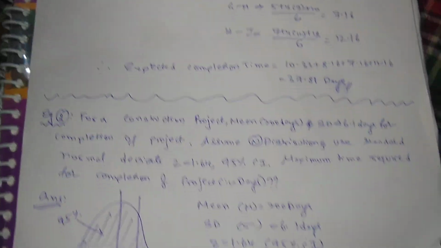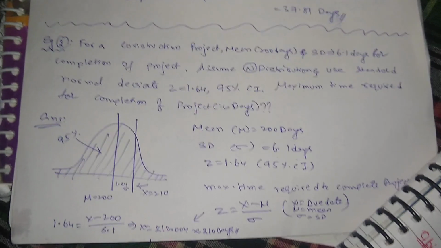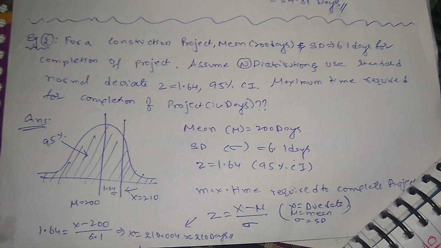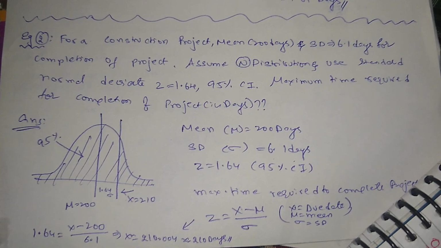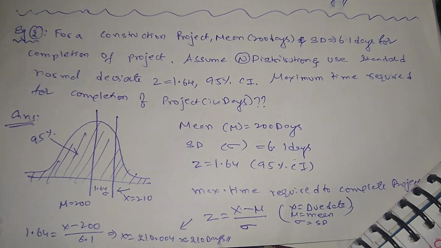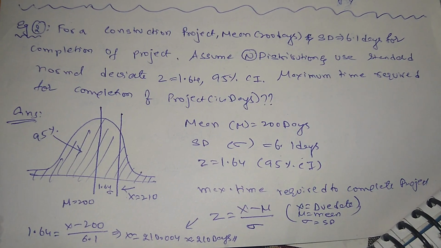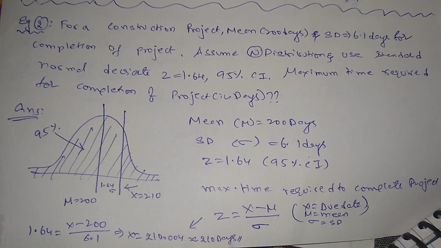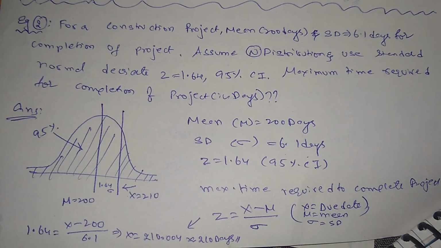The next question may be: for a construction project, the mean is 200 days and the standard deviation is 6.1 days for completion of the project. Assume a normal distribution and use the standard normal deviate Z equal to 1.64 at the 95% confidence interval.